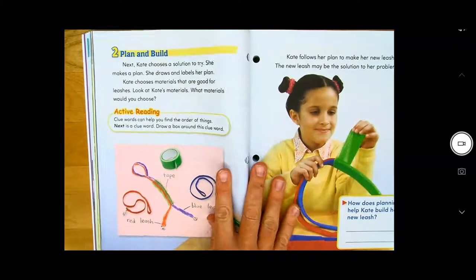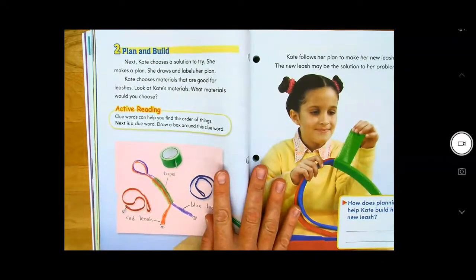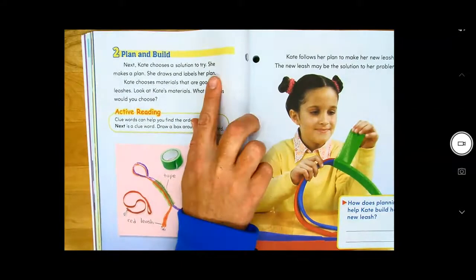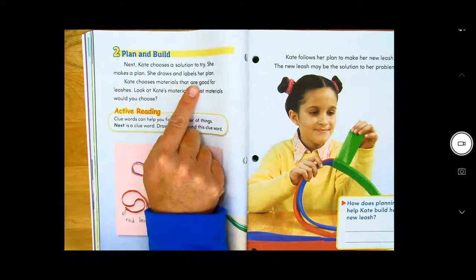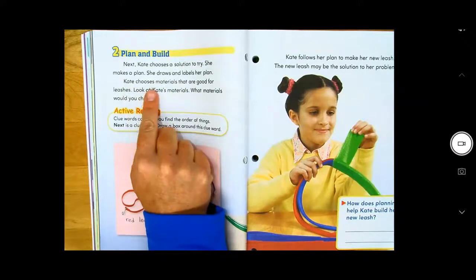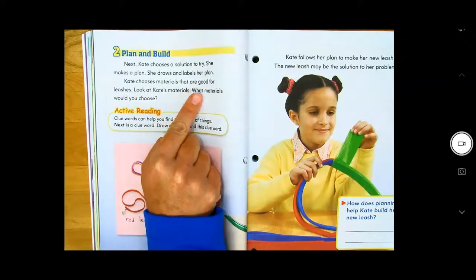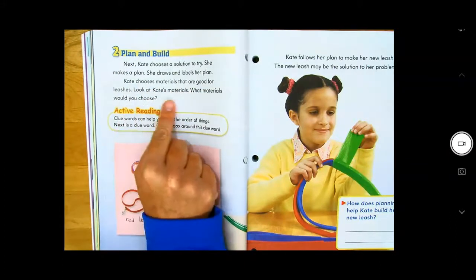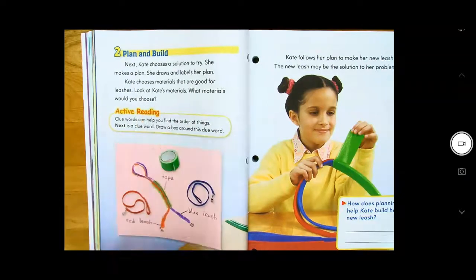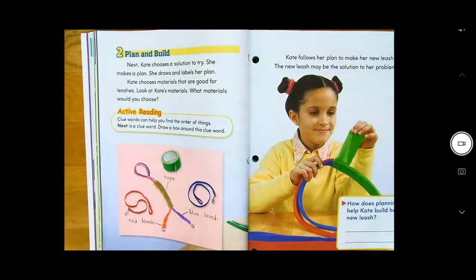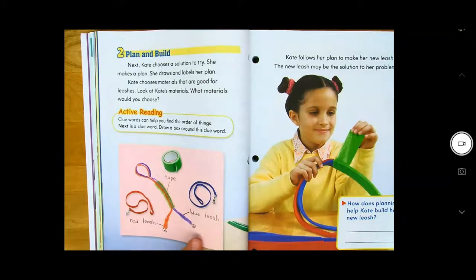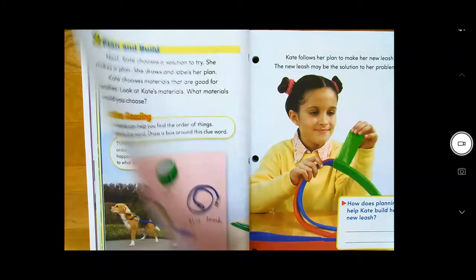Okay, number 2, plan and build. Next, Kate chooses a solution to try. She makes a plan. She draws and labels her plan. Kate chooses materials that are good for leashes. Look at Kate's materials. What materials would you choose? Okay, so she drew something similar to what I drew.